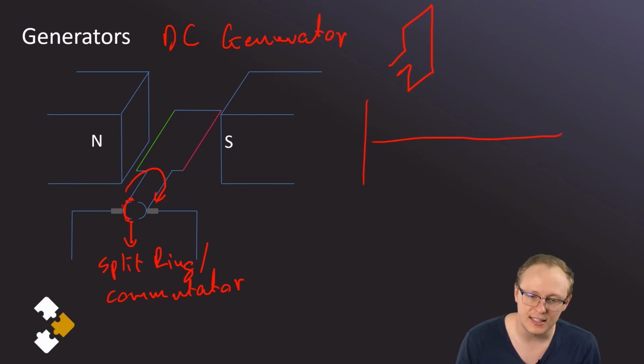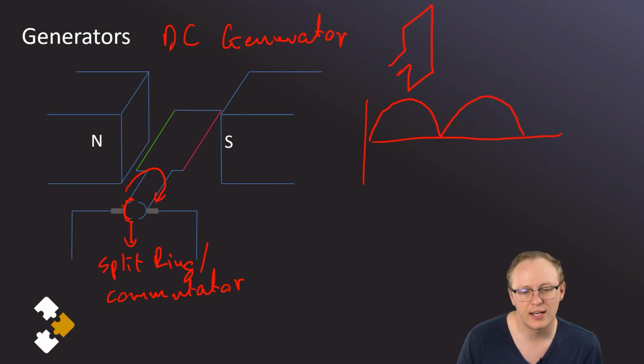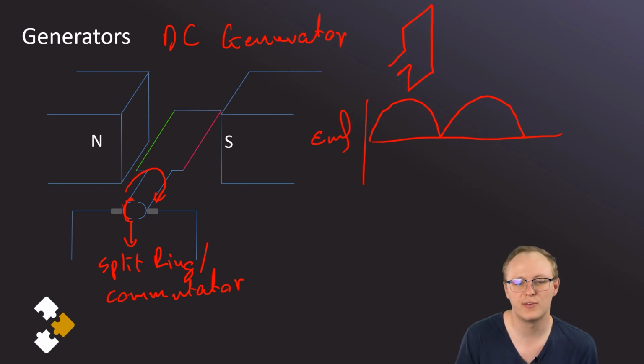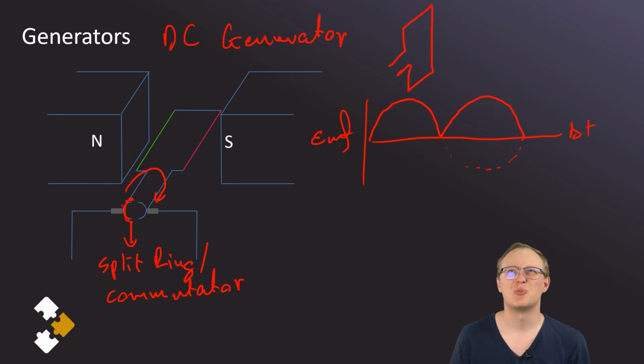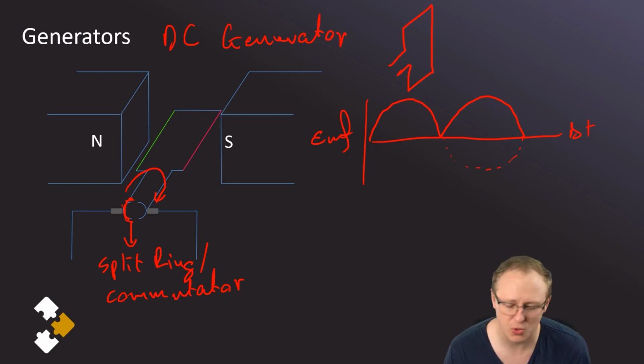So a DC generator is going to give us an output that looks like this for a 360-degree rotation, whether we're talking about the EMF or the current. Basically, it's like taking an AC generator and generating what we would call an absolute value function of that. So what on earth does that mean?